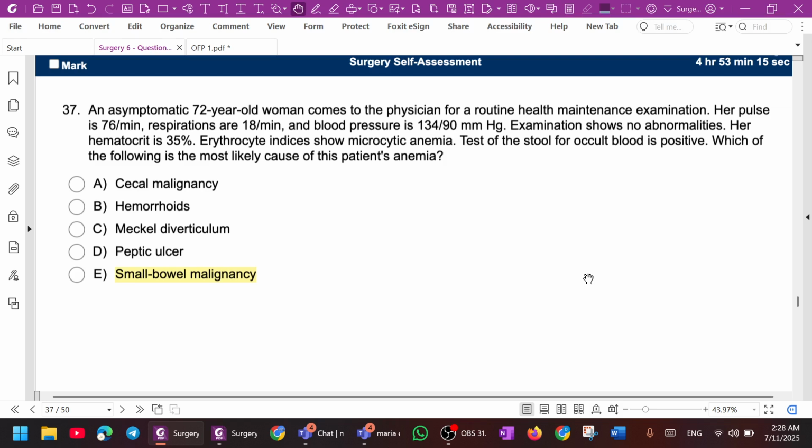No, I'm between small bowel malignancy, Meckel, and hemorrhoids. But Meckel would be in a younger age. And internal hemorrhoids are not painful, so why can't it be that? But I guess small bowel malignancy. Let's go with small bowel. It makes more sense. Okay, ready? Yes.